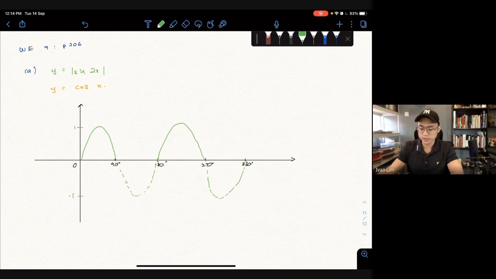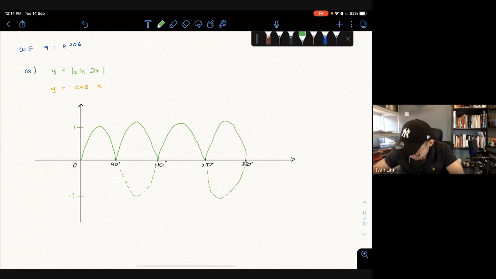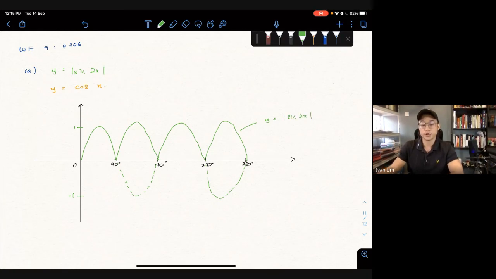This is y equals to sine 2x, but if we modulus it, then whole thing goes up. Clear? This is how your y equals to modulus sine 2x graph looks like. Always draw your original one first, so you can sketch it at the side.